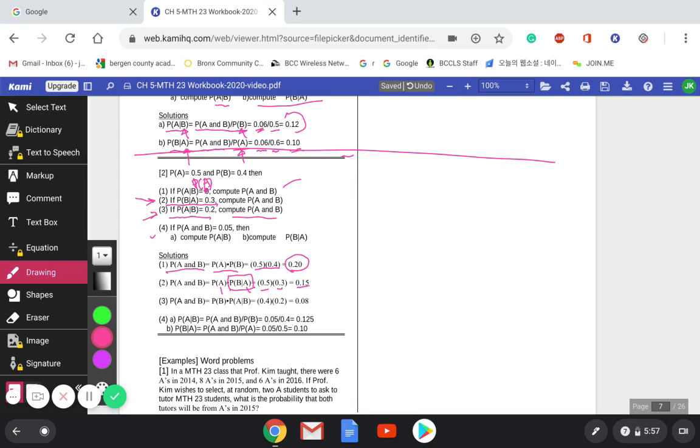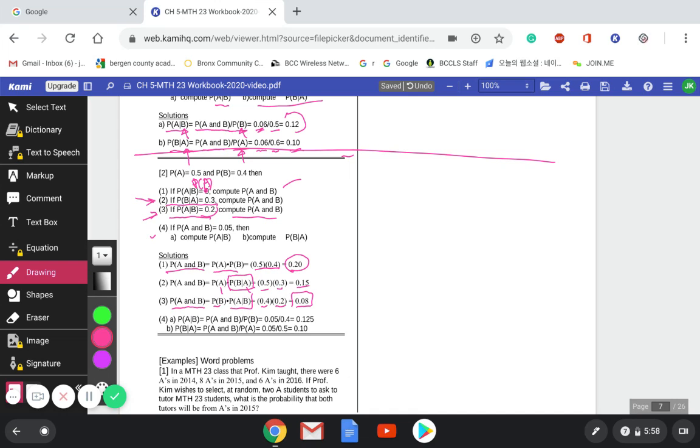Instead of B given A, A given B is given in this case as 0.2. Probability of A and B, now you have to use A given B, because that's the value they gave you as 0.2. Now you use probability of B, so find that value, and it would be 0.08. Does that make sense? So many things to think about, but that's how you do it.